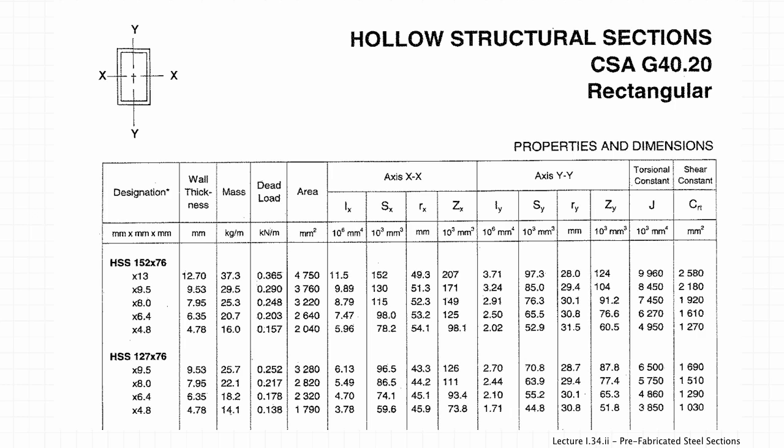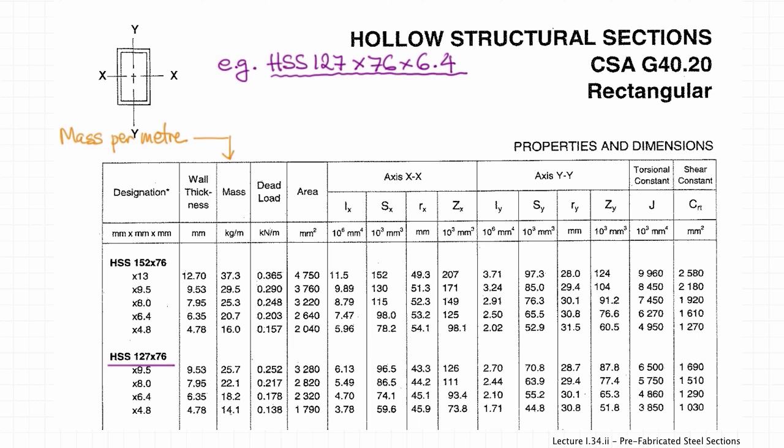Now finally, for hollow structural sections, this is another table specific to them. So for example, if we're looking up HSS 125 by 76 by 6.4 millimeters, then we can easily determine its unit mass per meter from this column.